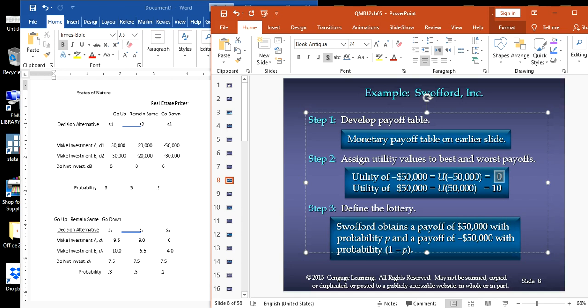Define the lottery. The best payoff is 50,000 with probability P, and the payoff of minus $50,000.